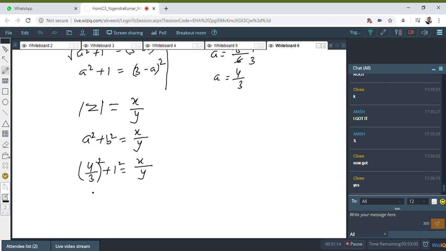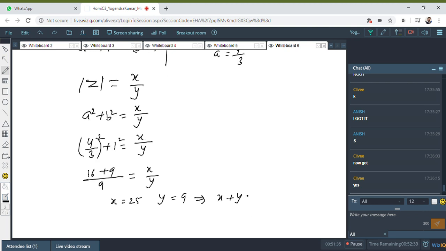So it is giving us 16 plus 9 upon 9. I took the LCM also. X upon y. So x is 25 and y is 9. Means x plus y is what? How much? 34.